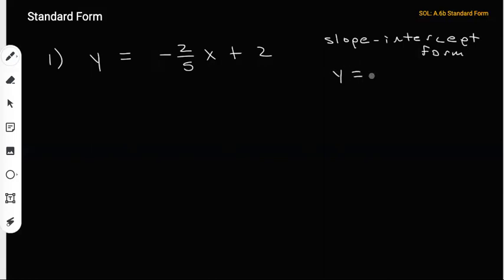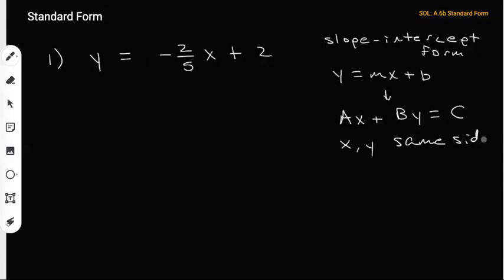So y equals mx plus b is what it is now, and I want to convert it into ax plus by equals c. So what I need to do is get x and y on the same side somehow. I want to make sure that x and y, both variables, are on the same side. So I need to get this x term to this side. So how do I get rid of a negative 2/5 x?